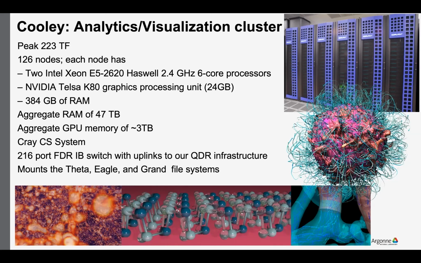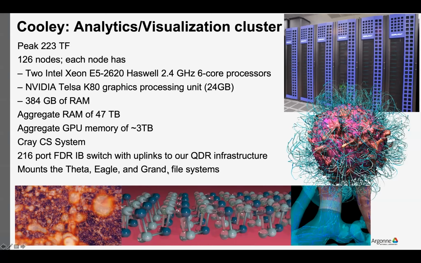But at any rate, it's a 126 node x86 cluster. One of its advantages is it does have a lot of memory, so 384 gigs per node. And importantly, it shares file systems.